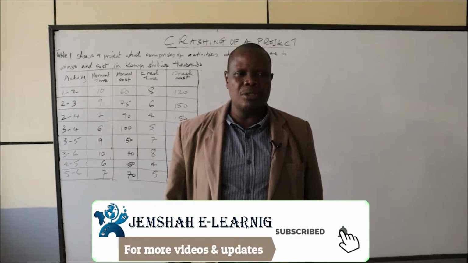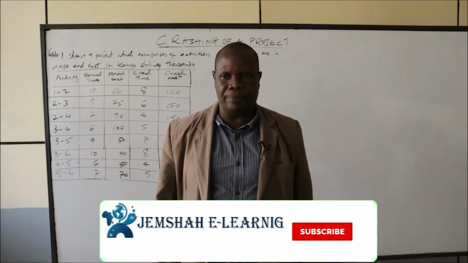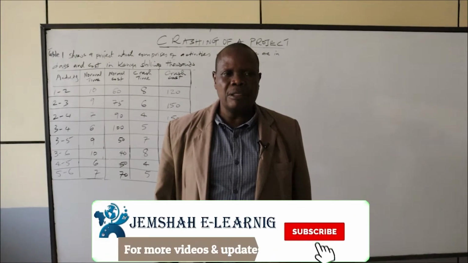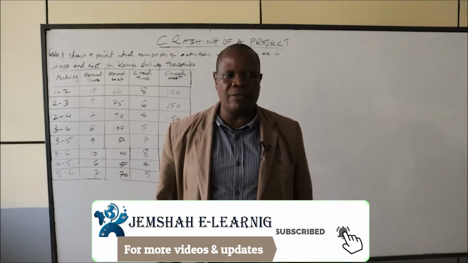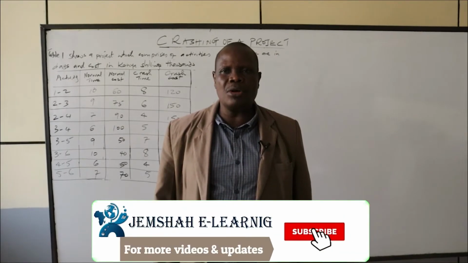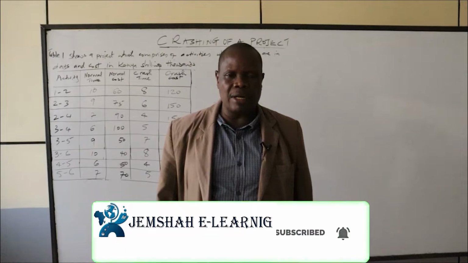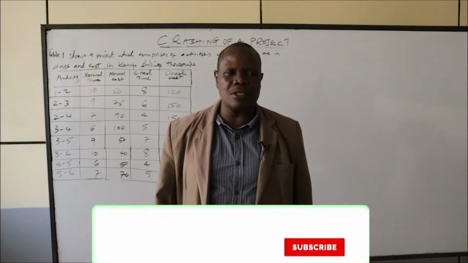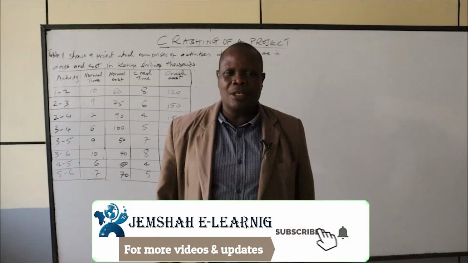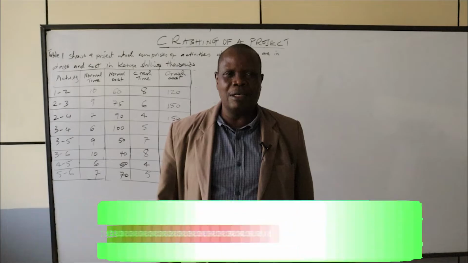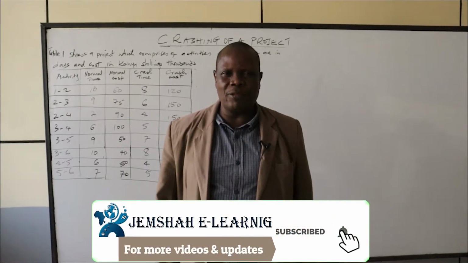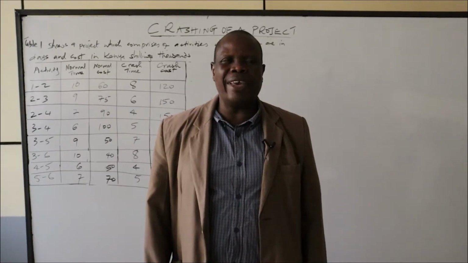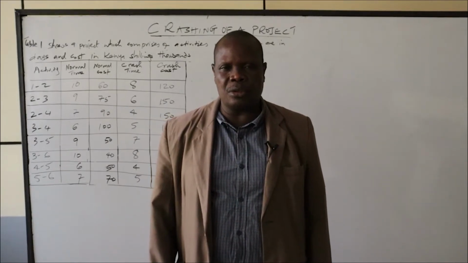The first terminology is normal time. The normal time is the planned duration of the activity based on the resources which are available. Then we have what is known as crash time. Crash time is the shortest time taken for the completion of the activity if extra resources are used.